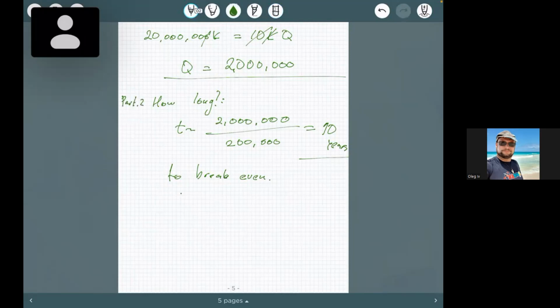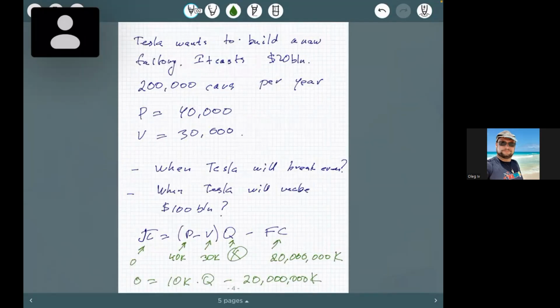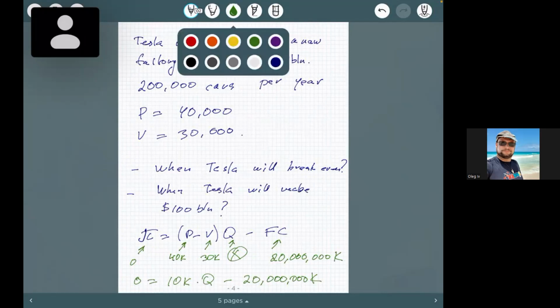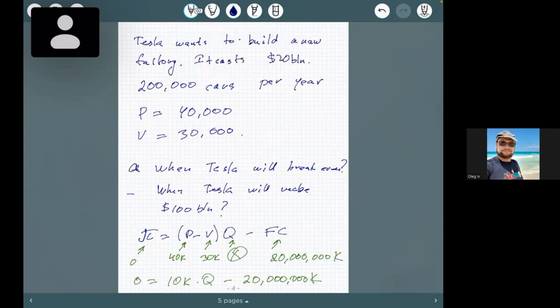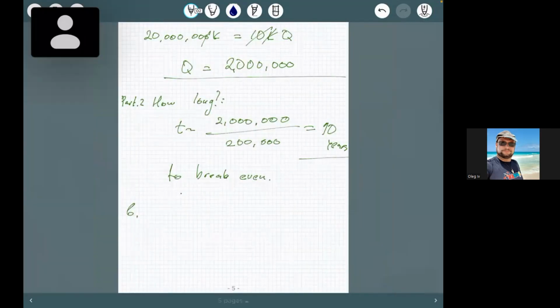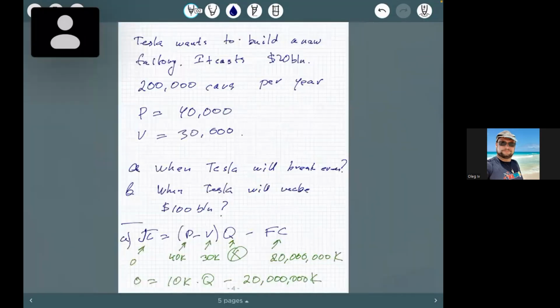And this would be related to this is A and this is B. And the part B was when Tesla will make $100 billion.